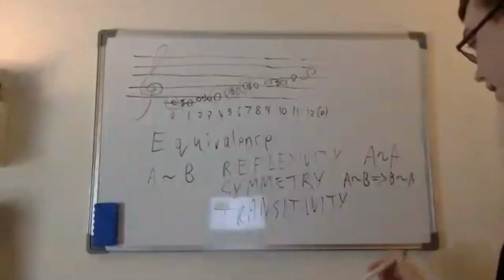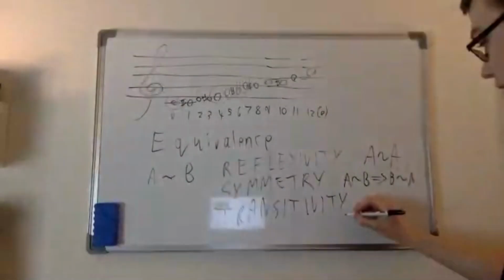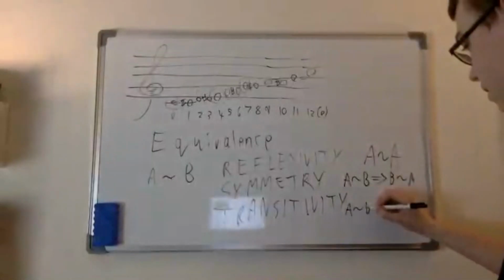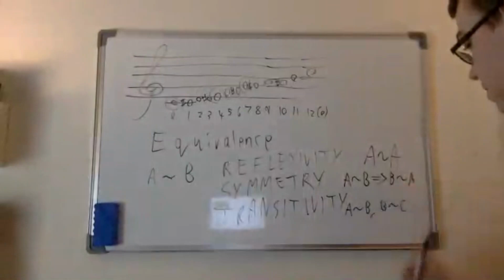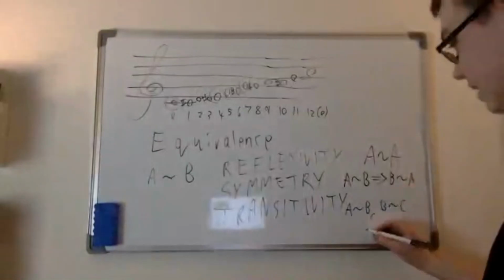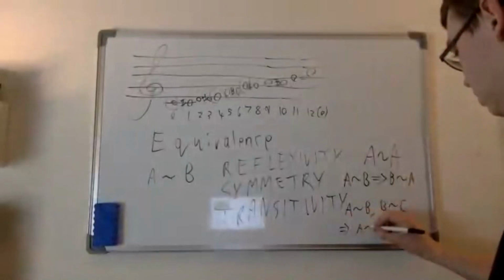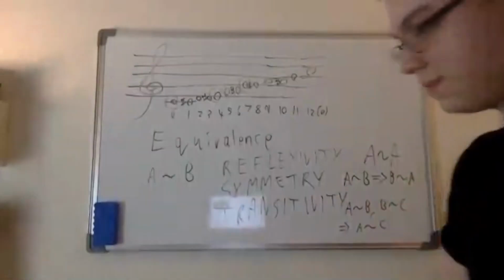And the final one is transitivity. If I have three sets, A, B, and C, and I have A is equivalent to B and B is equivalent to C, then I can say that A is also equivalent to C. Yeah, maths, woo.